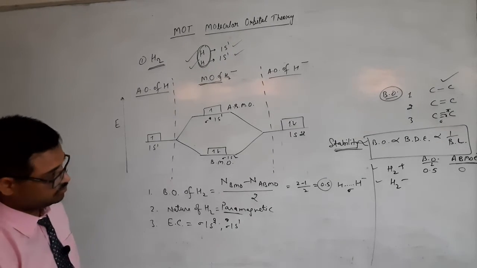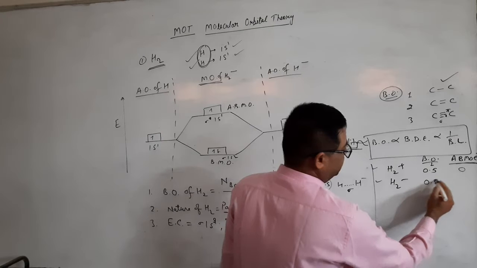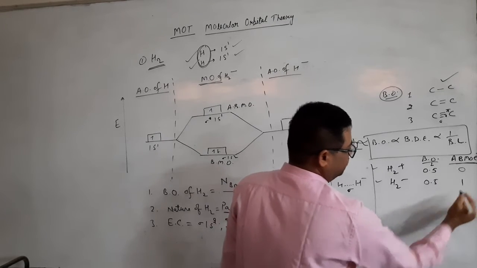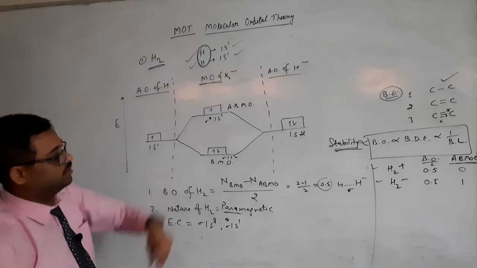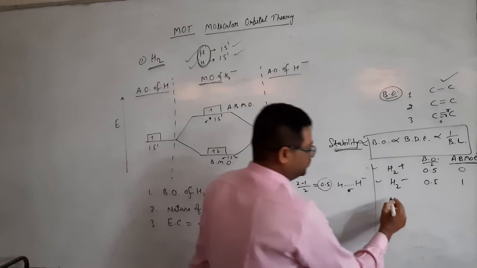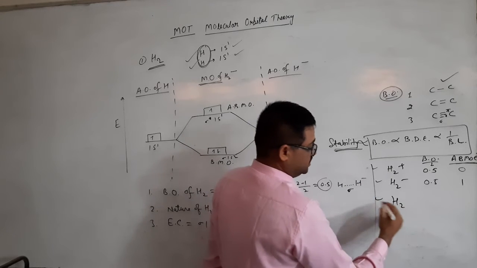Clear? So if I put 0.5 here, how many ABMO electrons are there? 1. Before that I have to write H2 also, which we started with first.